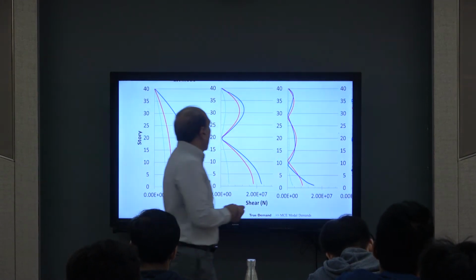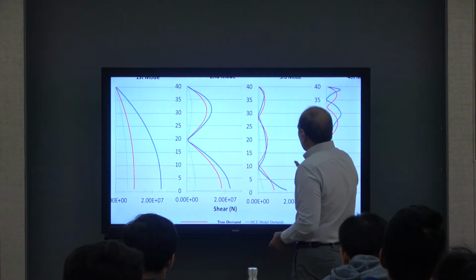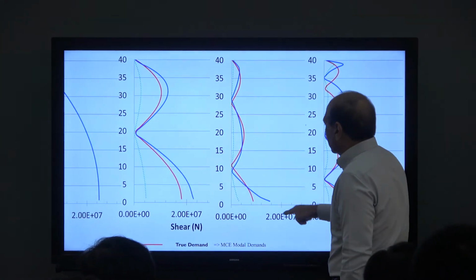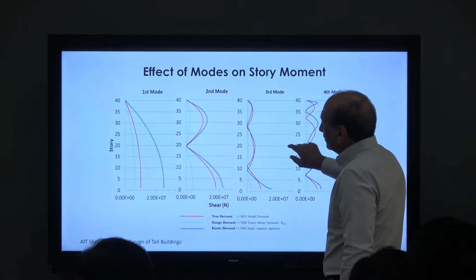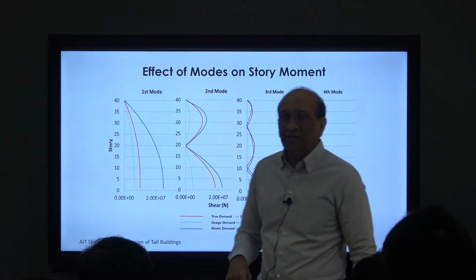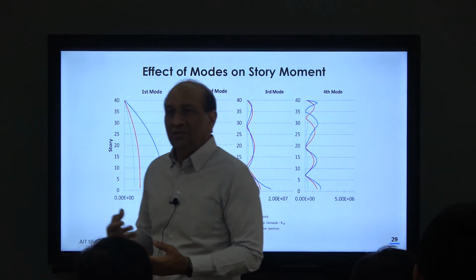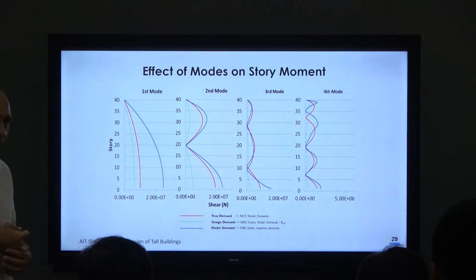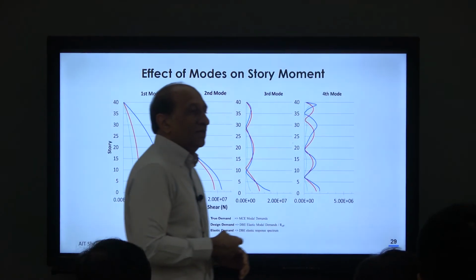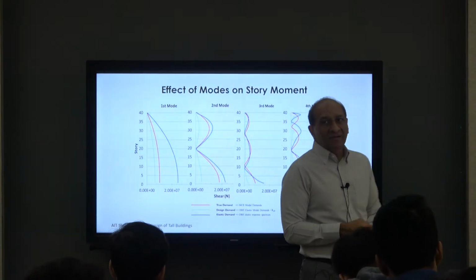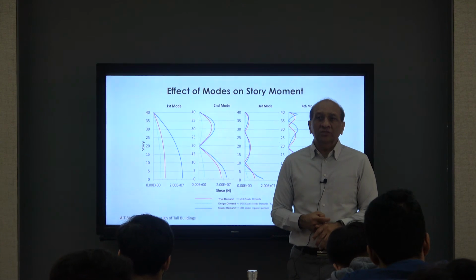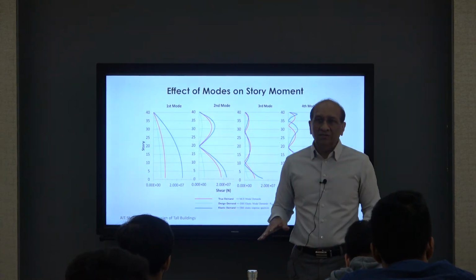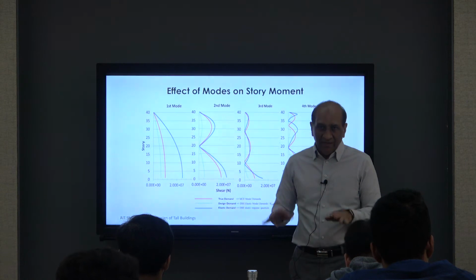in this context, and even higher modes are still quite large. Even this one is still of the same order. So this realization of the higher mode effects on the tall building shear contribution is very important, right? And this is something that makes the tall building design different from a typical short building design, because in short building design we do not consider higher modes, we don't need to, but here we need to.